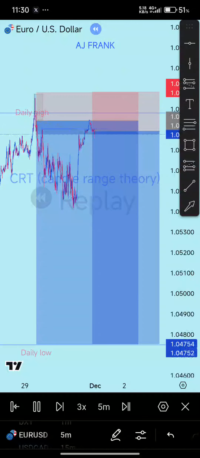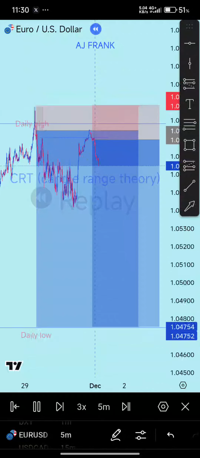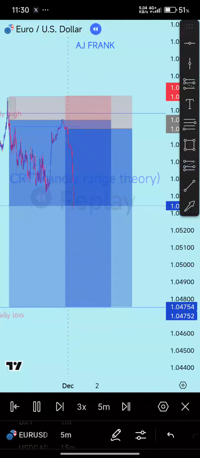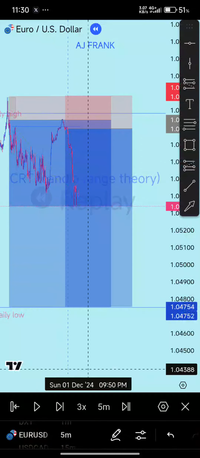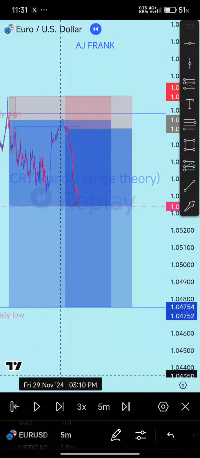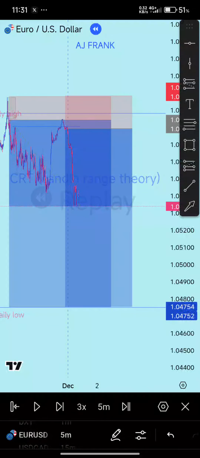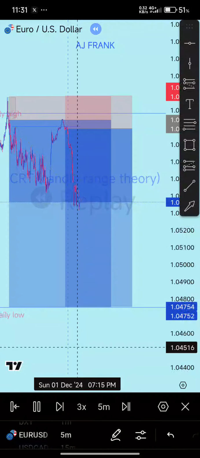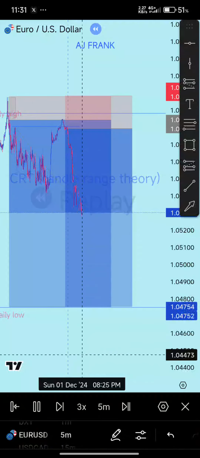So we have taken the next entry and price is going down. That's 2 entries. You can see how it's pushing down. So we have entered another day. The trade did not hit TP on that Friday, so we have entered another day. So this is Monday. This is Sunday night, midnight.